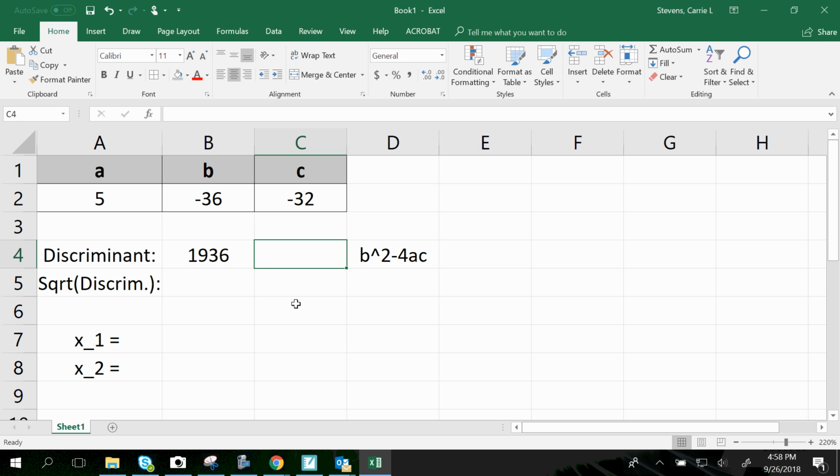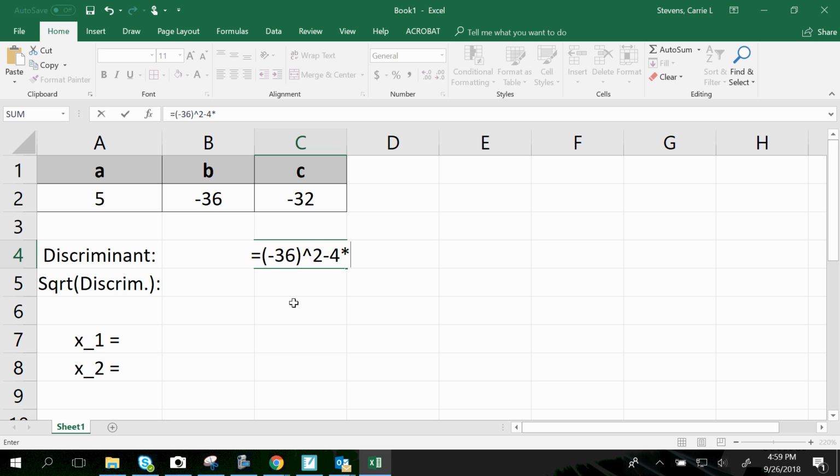Okay, and I'll just do that with regular numbers right here so you can tell what I did is true. First of all, not negative b, but just b squared. So b is negative 36, quantity squared, minus 4 times 5 times negative 32.